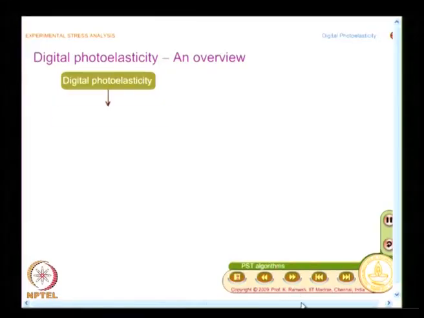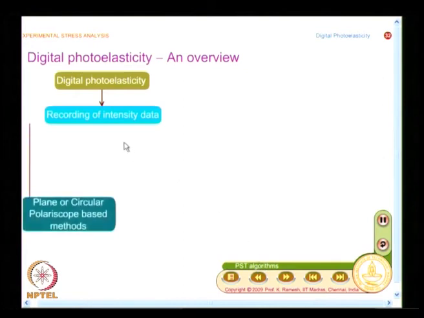See, when you have to find out the fringe order accurately at a point, you have been taught how to do the Tardy method of compensation, and by employing the Tardy method of compensation you are in a position to find out the fringe order accurately at a point of interest. Now, what we are saying is you must be able to develop that level of accuracy at every point in the model domain. This is really a big question to ask. We are really putting across a stringent requirement, and we will have a look at how this has been achieved. And we will have an overview of what digital photoelasticity is.